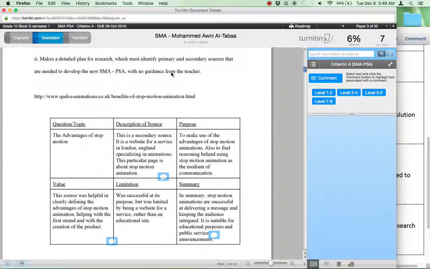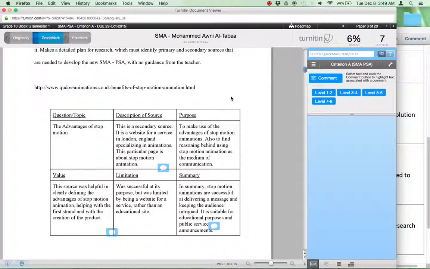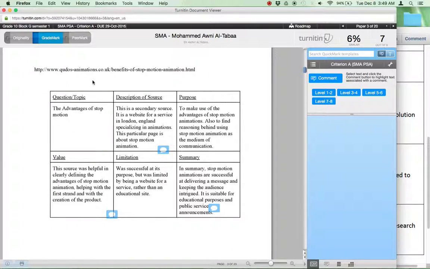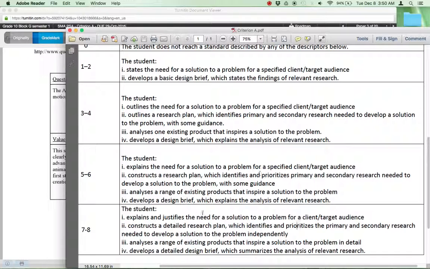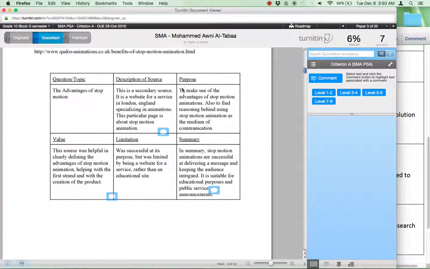Okay, second we have our research plan. Here is where most students make their mistakes. He starts off with his link. That's very good. The issue with this one was he has his secondary source, but what's your primary source? Remember, in Unit 1, the very first assignment you do, we emphasize that you get the structure for your research plan correct, which he has here.